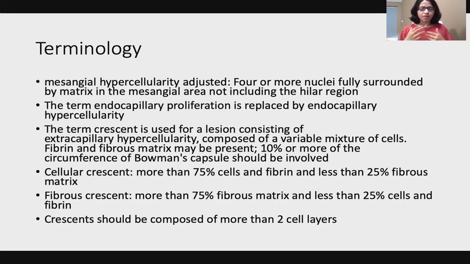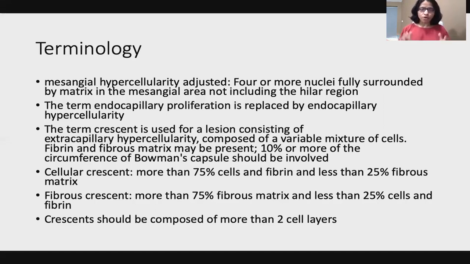When I use the term crescent, I mean that there is an increase in the number of cells which line the Bowman's capsule, and that should be more than 2 layers, involving more than 10% of the circumference of the Bowman's capsule. So that's your crescent. Now the crescent can be cellular if it has more than 75% cells, it can be fibrous if it has more than 75% fibrous, and fibrocellular if it's in between these two.